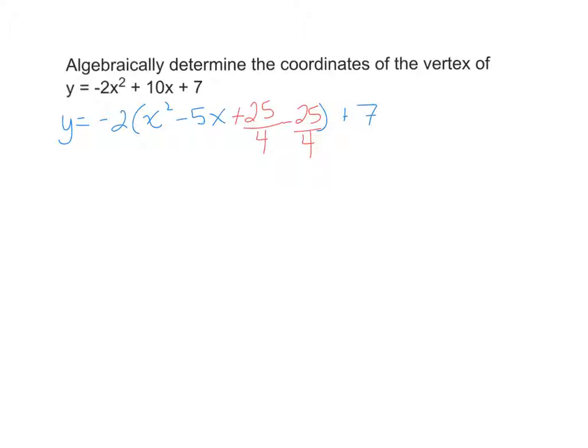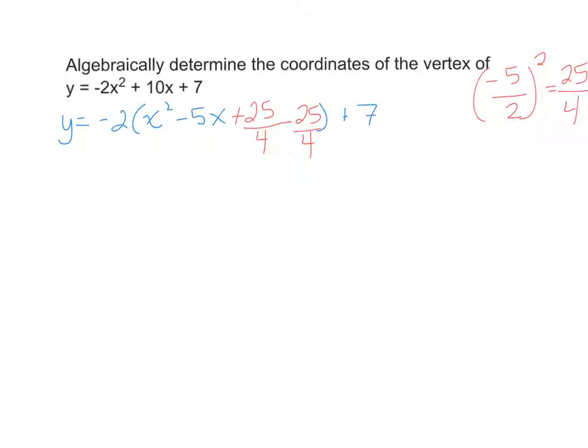The way I got that was negative 5 divided by 2, squared. Negative 5 squared is 25. 2 squared is 4. That's where the 25 over 4 comes from.